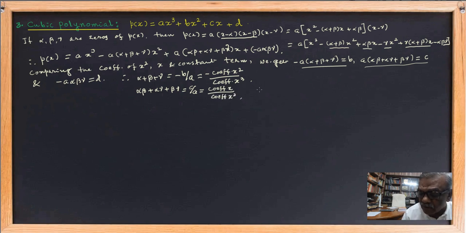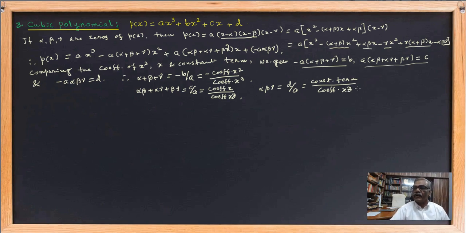And also alpha beta gamma is equal to minus d by a, which is minus constant term divided by coefficient of x cube.